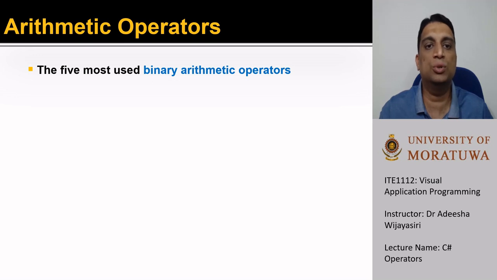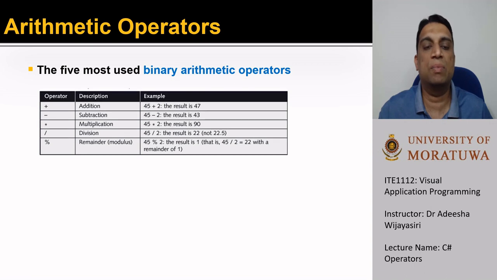Some of the most used binary arithmetic operators are listed in this table. The first operator is the plus operator and is used to do addition. An example of addition is also given in the table. Similarly, we have subtraction, multiplication and division as binary operators.